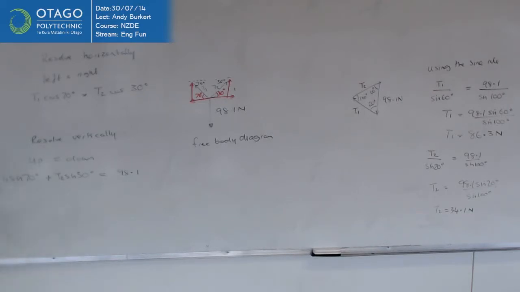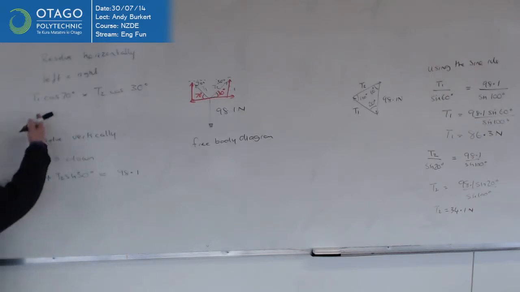Not quite. Remember when you did simultaneous equations on the algebra block course, we can either do it by elimination or by substitution. Yeah? So in this one, it's probably easier to do it by substitution because we've got sines and cosines in there.